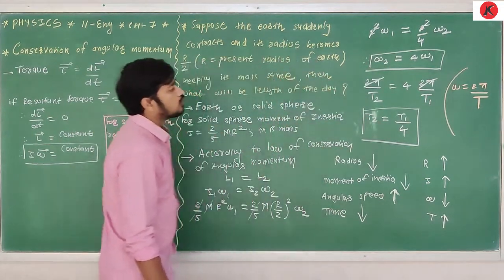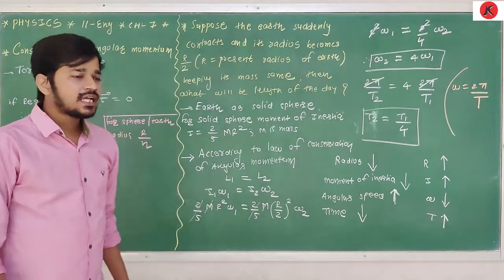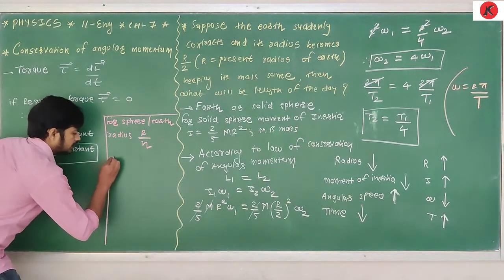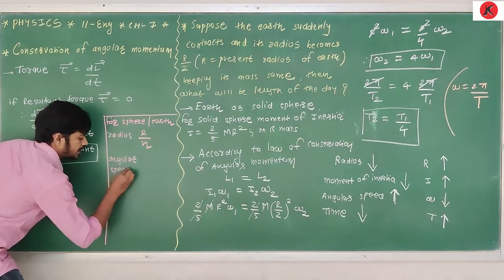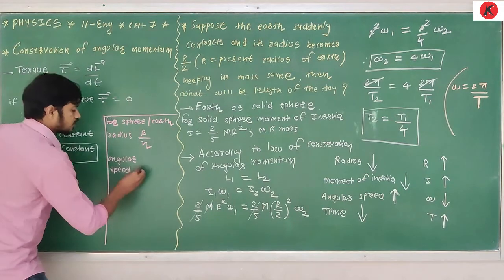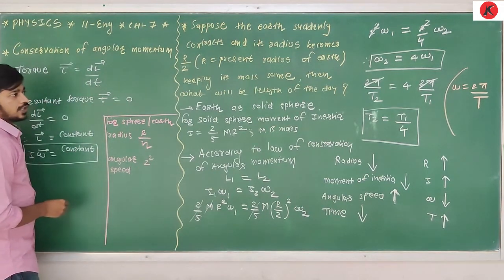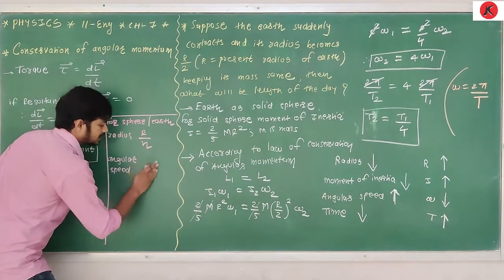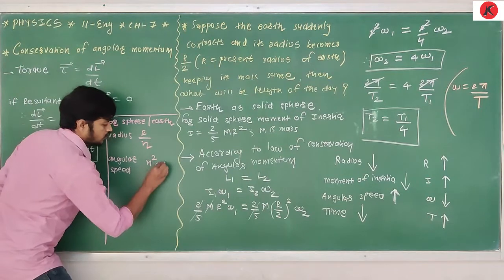It is 4 omega 1, meaning 4 times. 4 means 2 squared, or you can say n² omega.